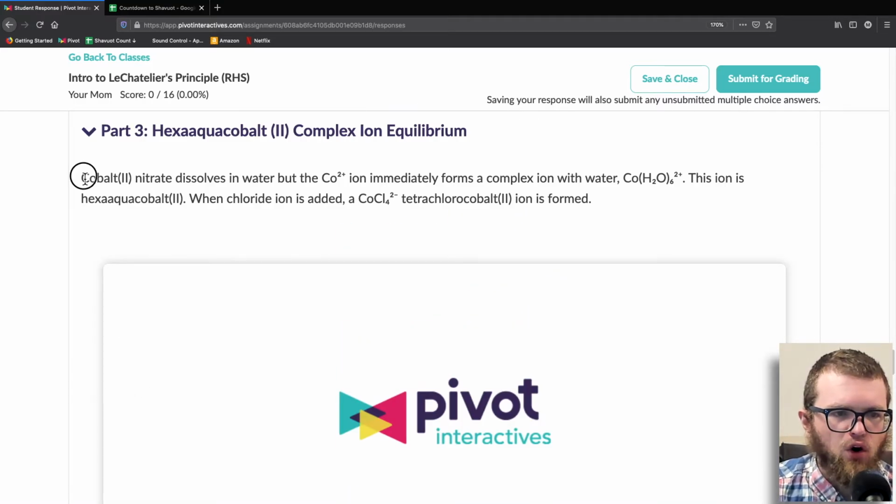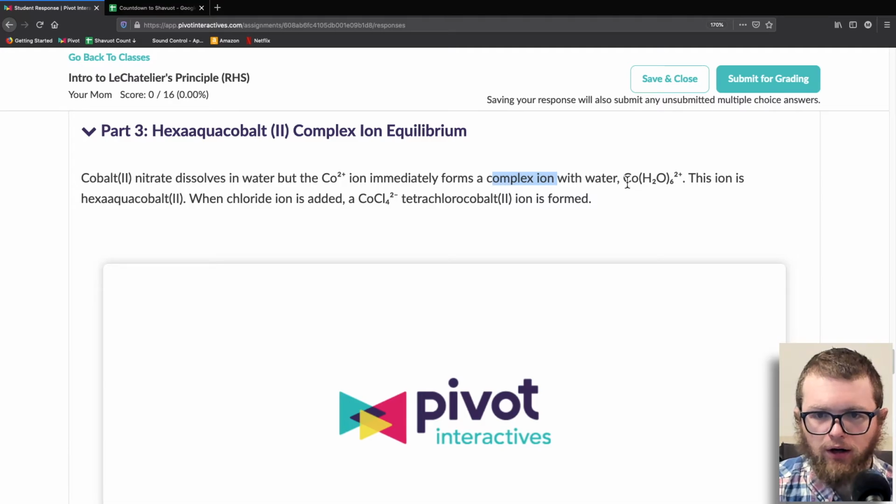All right, cobalt-2 nitrate dissolves in water, but the cobalt-2 plus ion immediately forms a complex ion with water. Ooh, and we've got this whole thing. This ion is hexaaquacobalt-2, and it's called that, well, hexa, because there's 6 right there. Aqua, well, H2O is water, aqua. So hexaaqua means 6 waters.